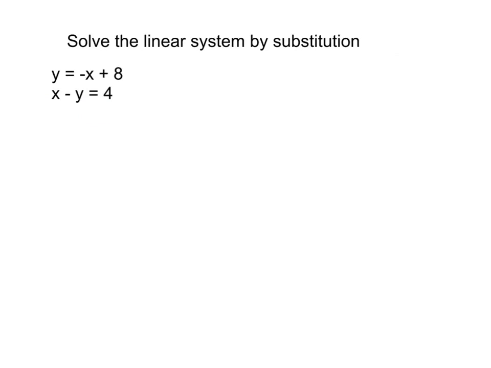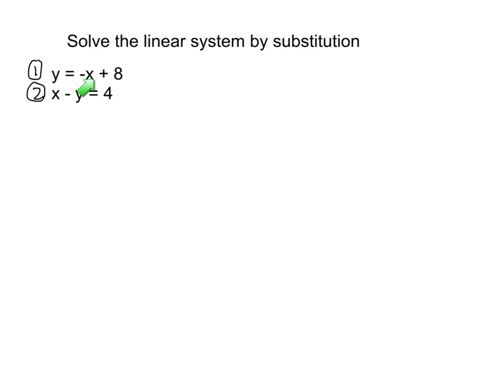So the first thing I want to do is label equation 1 and equation 2. I'm looking at my first equation, and I see that y is already equal to -x plus 8. And I look at my second equation, and I just have x minus y is equal to 4.